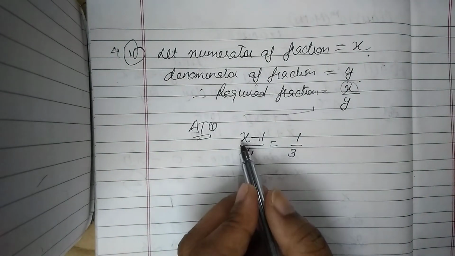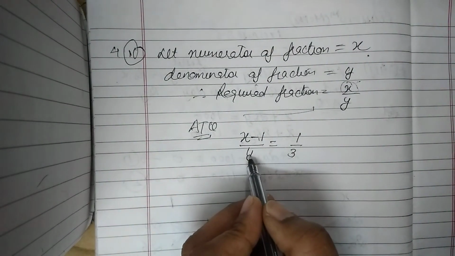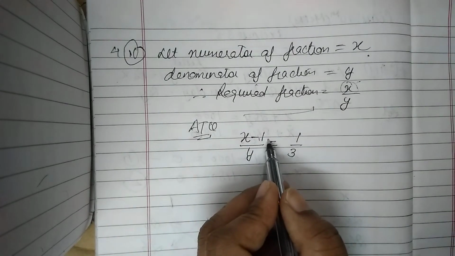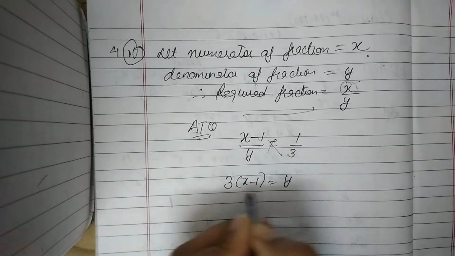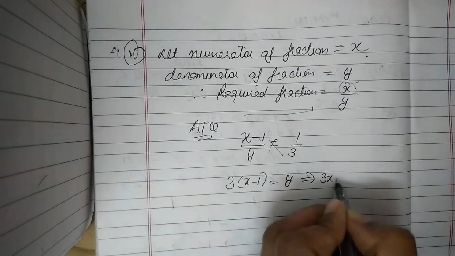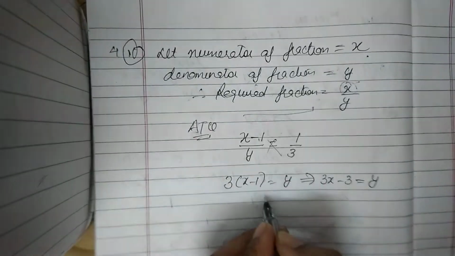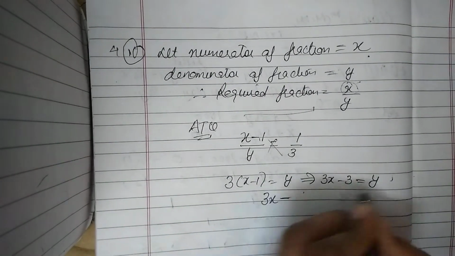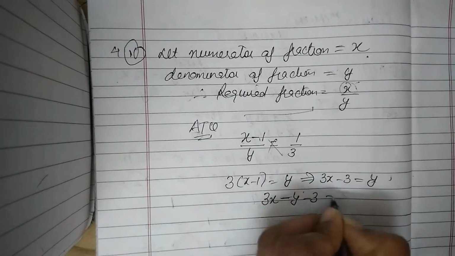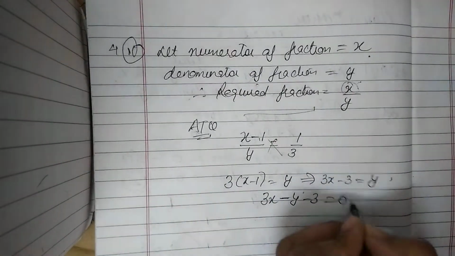Only 1 is subtracted from the numerator and the denominator remains the same. Now by cross multiply, 3 is multiplied by x minus 1, y multiplied by 1. So 3x minus 3 equal to y. Then all values shifted to the right side, 3x minus y minus 3 equal to 0. This is our first equation.